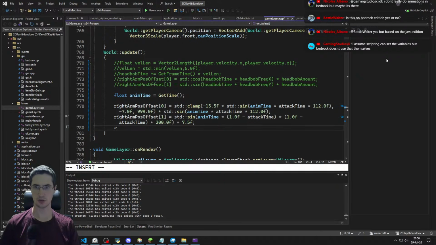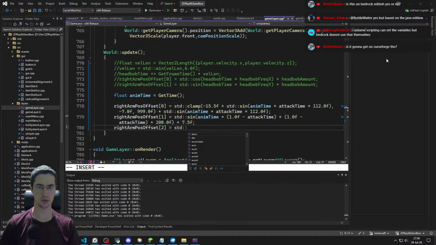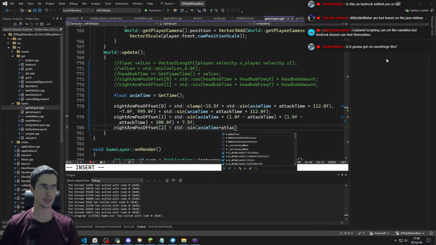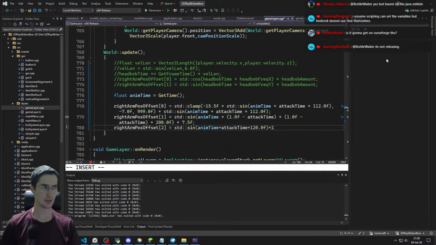And so let's do the other, the z-axis position offset. So that will be, what do they use? Sine. We can do animation time times attack time times 120 times 175. Okay, let's see what this is, chat.